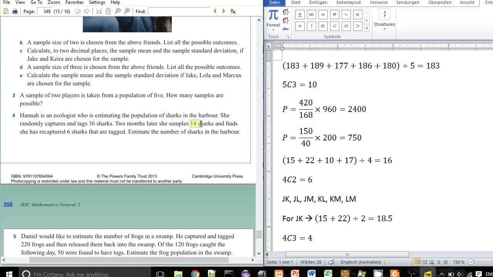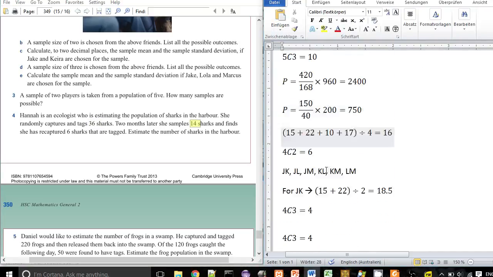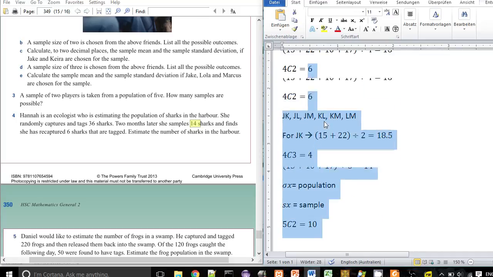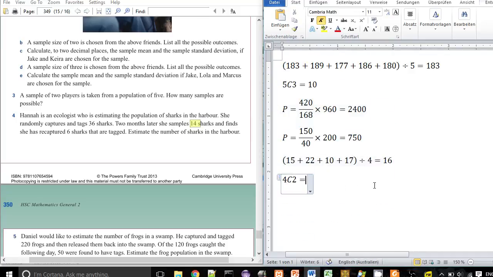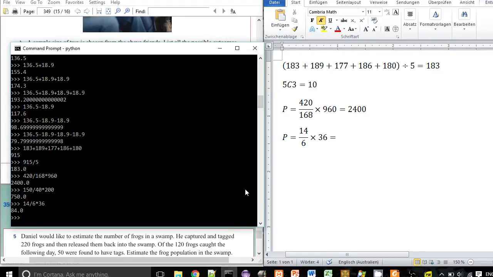Okay, so the ratio is 14 to 6. Exact same thing. In fact, I'm just going to get rid of all of that and just change the numbers. So 14 compared to 6, times that by 36. There are different ways of thinking of it, but okay, 14 over 6 times 36, 84.